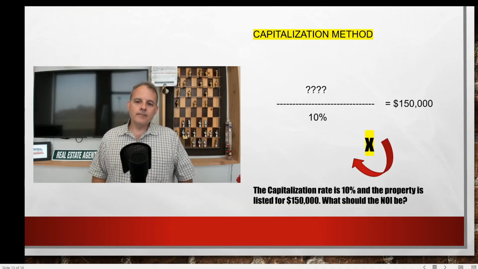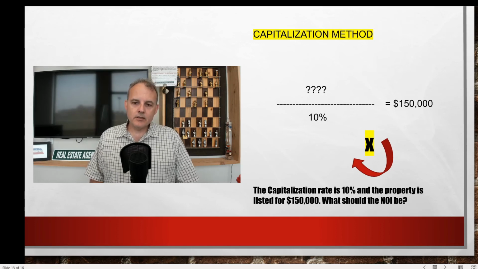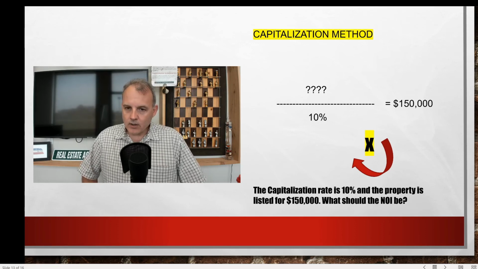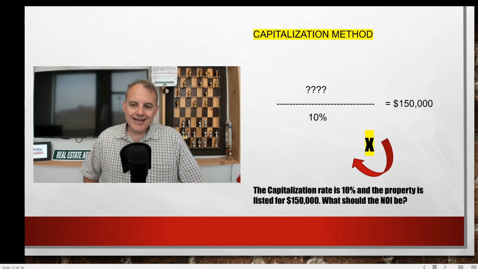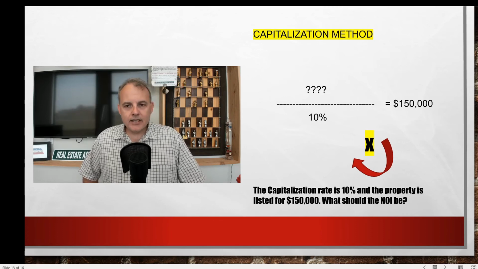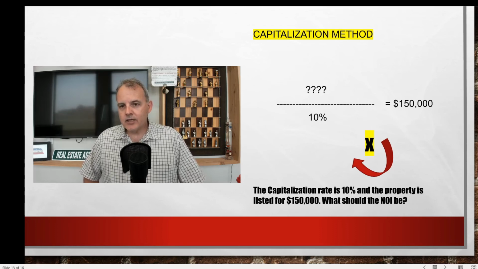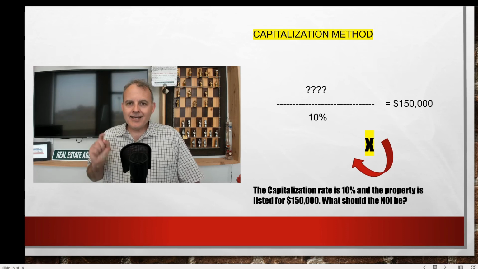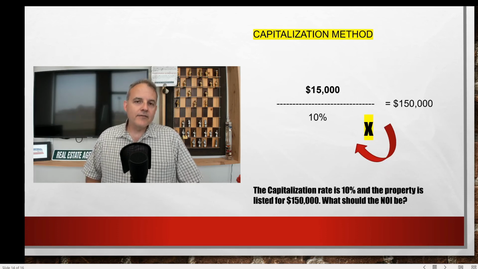Another scenario gives us the capitalization rate is 10% and the property is listed for $150,000. So what should the net annual operating income be? So we're going to take that $150,000 and multiply it by 10, hit the percent key, and when we do that, that should give us the NOI of $15,000.